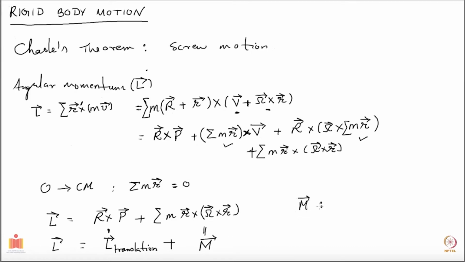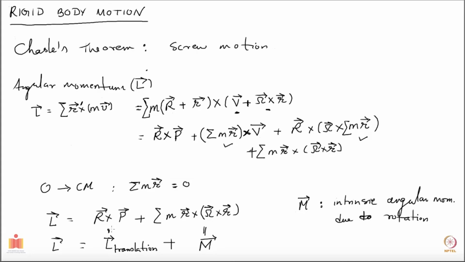M is intrinsic angular momentum, and this is purely due to rotation. No translation is involved in this. The translation part is here.